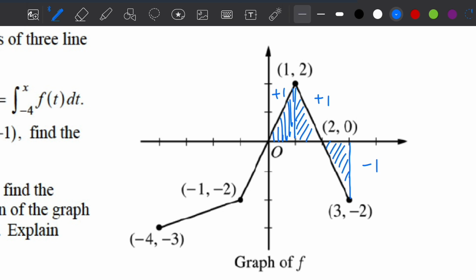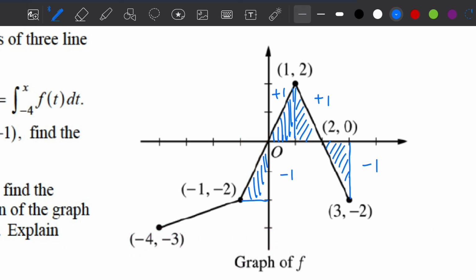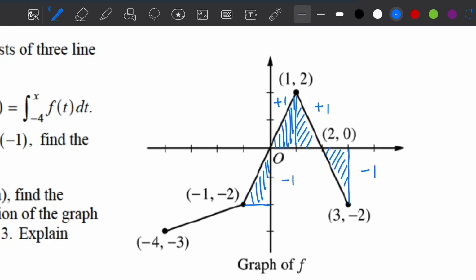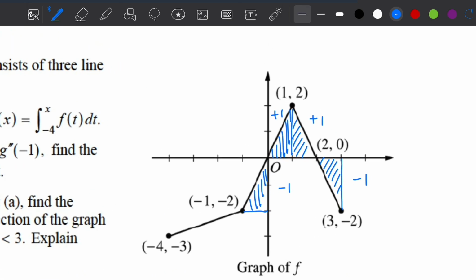And we see another triangle forming under the x-axis with the same dimensions. Since it's under the x-axis, it will be -1, meaning the integral from -1 to 0 and 0 to 1 is also 0. And if we combine all of these, we also get 0.